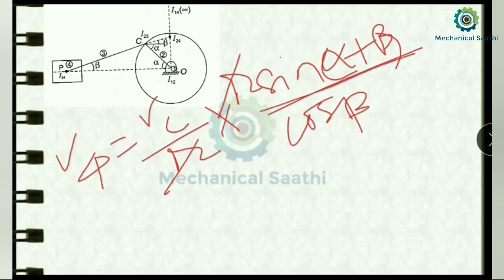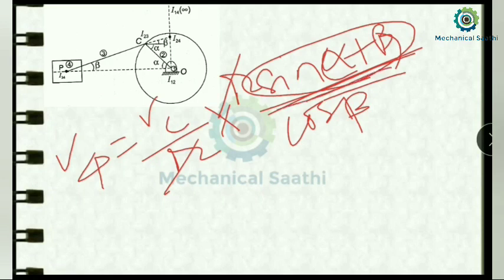As we look at the options, in all the options this term is in the form of cos alpha plus beta, or cos 90 minus alpha plus beta, or cos 90 plus minus alpha minus beta. So we can write it in the form of cos 90 minus alpha plus beta.